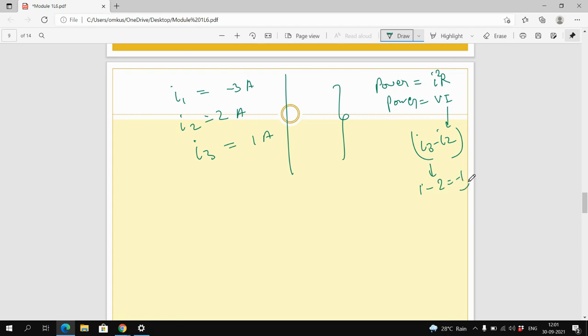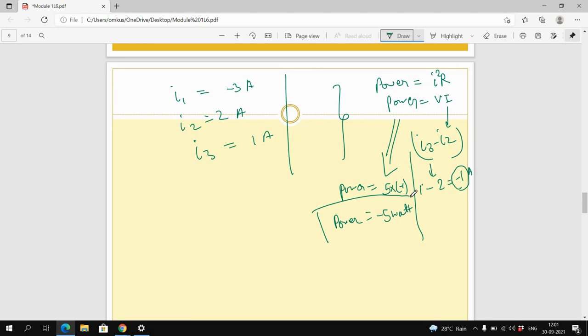Minus 1 ampere is what you will get if you assume this power is delivered, but the direction is reversed. So what is the power? The voltage is 5 volt and the current you will get is minus 1 amp, right? So the power delivered is minus 5 watt.